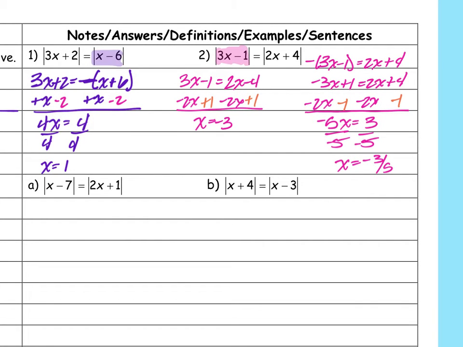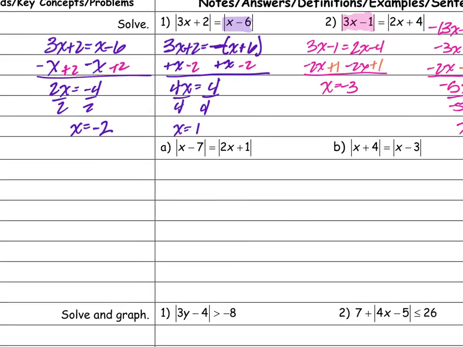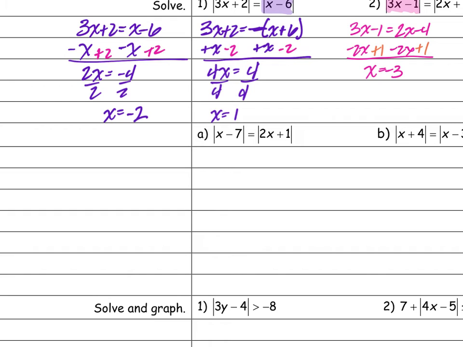Okay, so for A, if I did x minus 7 equals 2x plus 1, and x minus 7 equals the negative of this, 2x plus 1, becomes negative 2x minus 1.